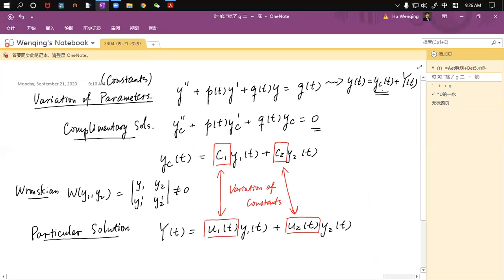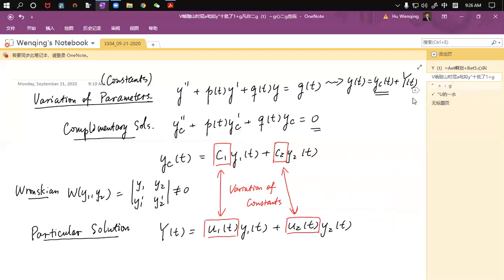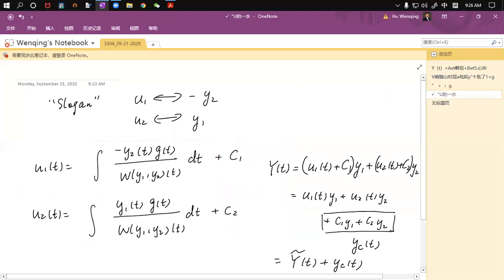So your solution is still a form of the general solution, just with different constants, since you changed it by another complementary solution.